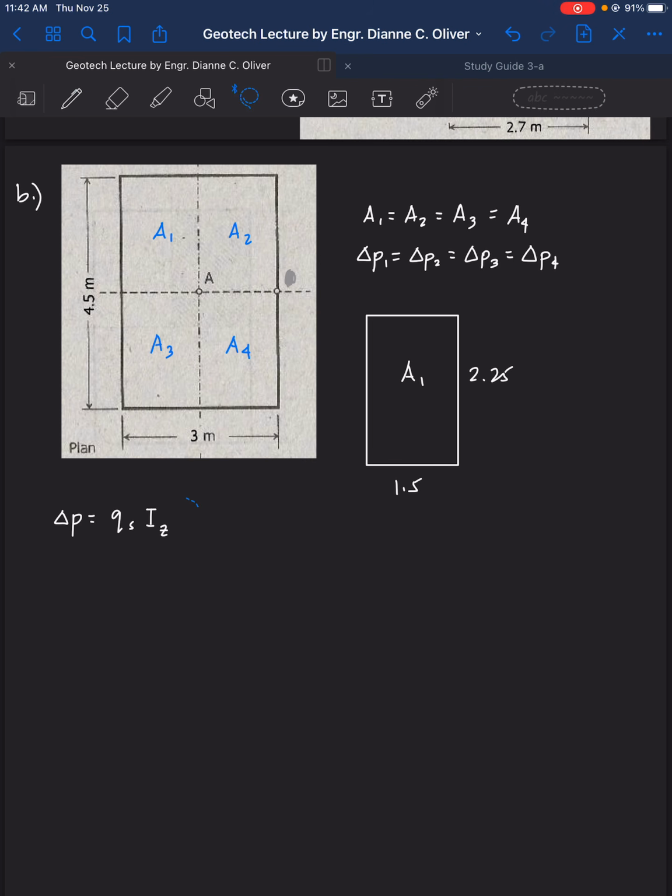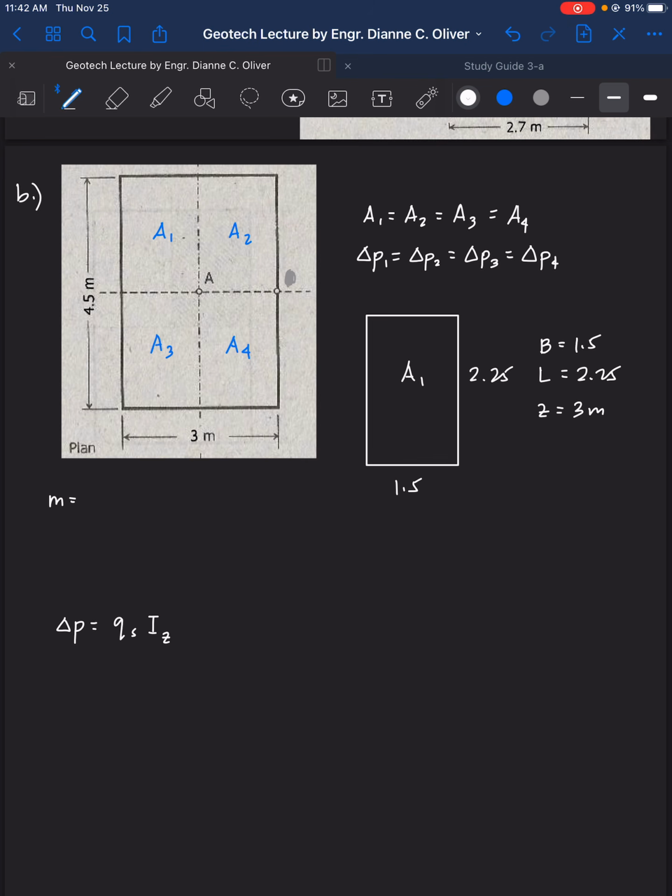Therefore, our B here is equal to 1.5, our L is equal to 2.25, and our Z is equal to 3 meters.